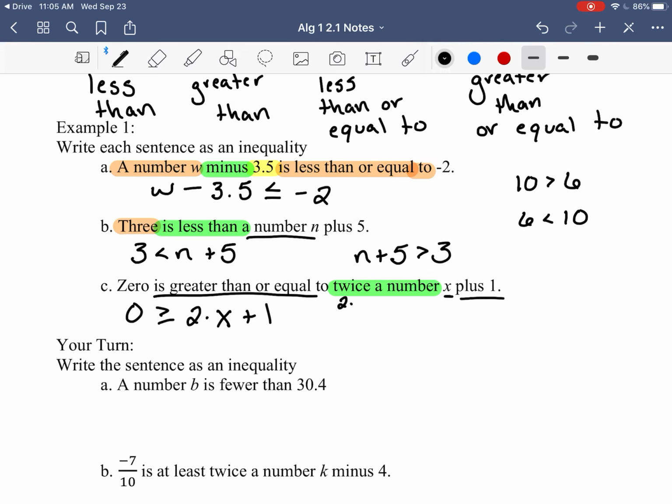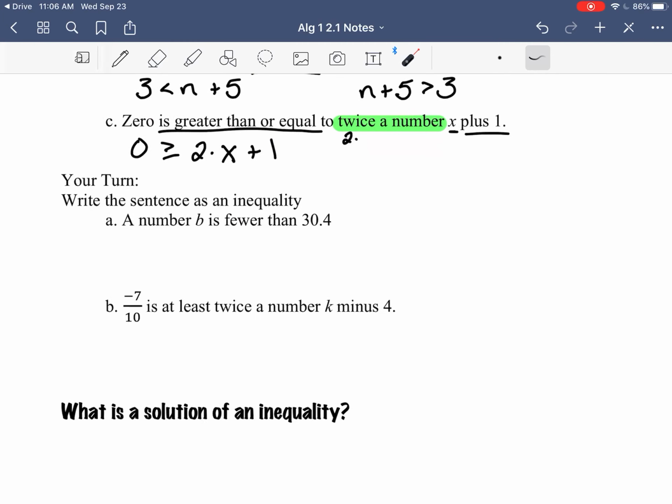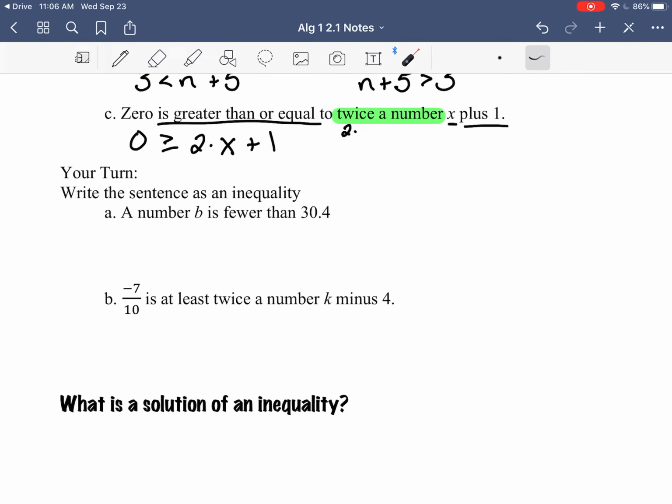Again, I just read these in very short little snippets as I write them. Okay. So now you have your turn problems. I want you to go ahead and do these. Pause the video and do these, and then come back.